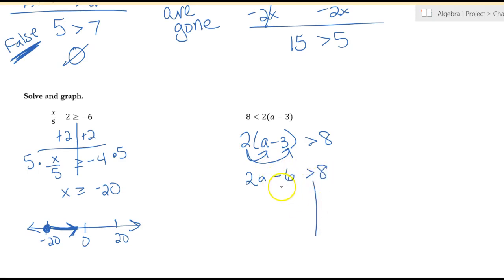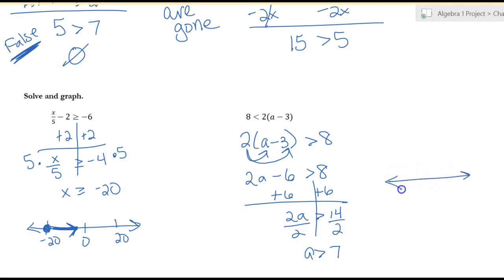And so now I got to get rid of this minus 6 by adding 6. And then I'm going to get rid of a times 2 by dividing by 2. And I get a is greater than 7. And so 0, 7, and negative 7. It's an open circle at 7, and it goes to the right.